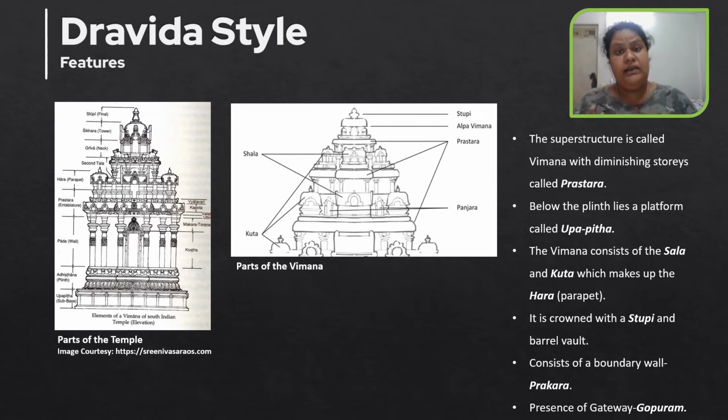Now, the Vimana, or the superstructure, consists of shalas and kutas, which are small niches of different shapes, with the images of gods and goddesses, and which make up the hara, or the parapet region.